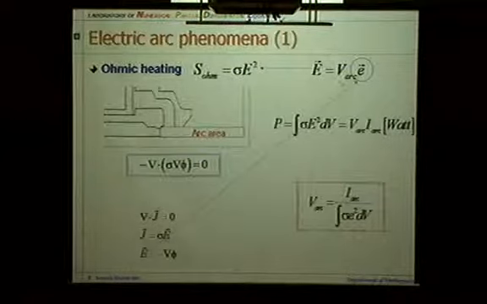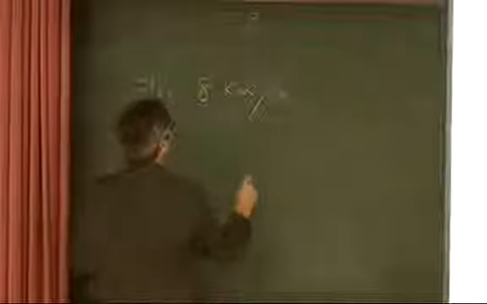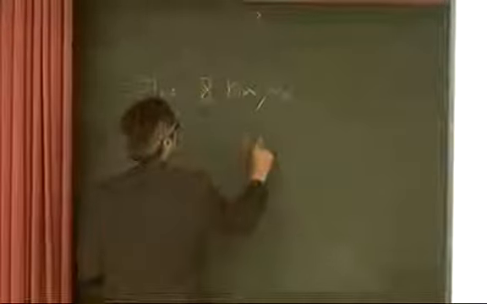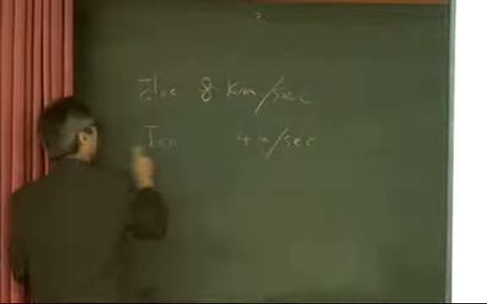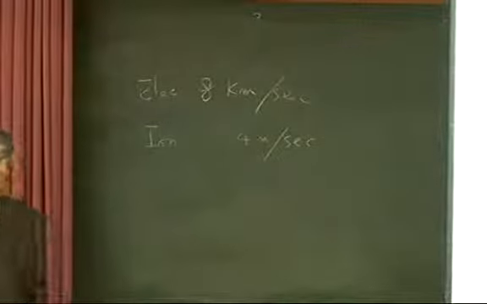The speed of the electron is 8 kilometers per second. Okay, and the speed of the ion is about 4 meters per second here, because it's related to the mass ratio.